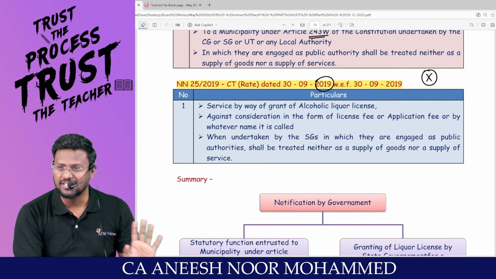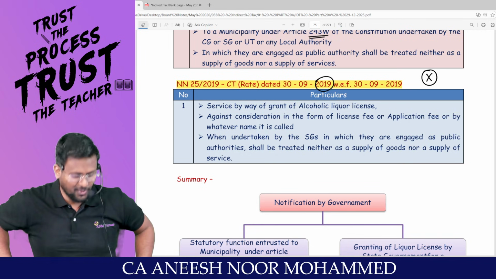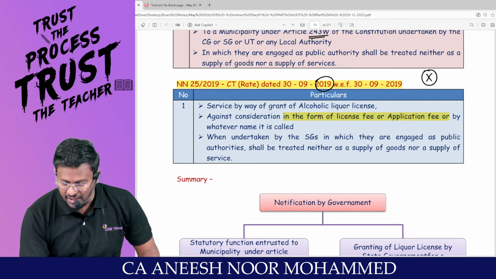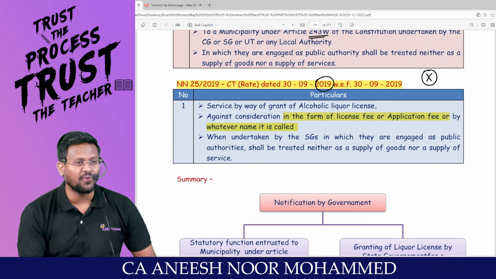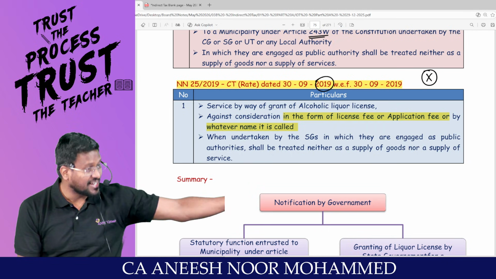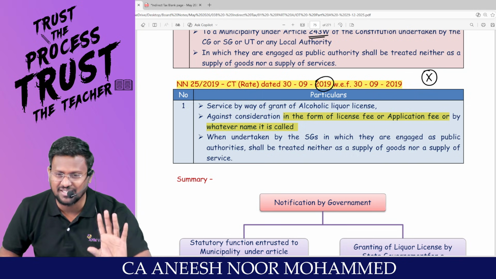For that, you are supposed to pay some amount, like 5 lakh, 10 lakh. Hello, sir, against consideration in the form of what? License fee or application fee or by whatever name called. Actually, this money will go to the state government because it is the right of the state government to give the license.